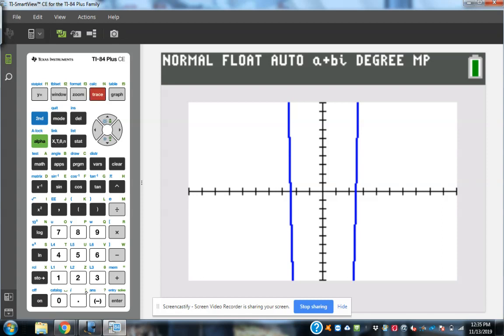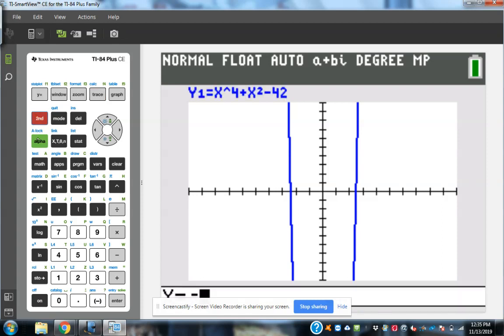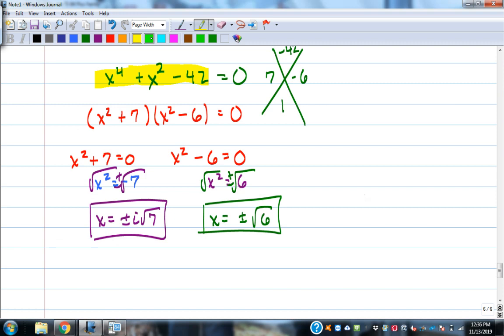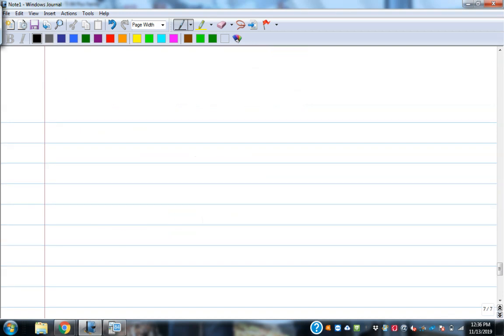If you hit trace and did negative square root of 6 as your x value, boom, y is 0. We see the connection between the graph and the factoring and the solutions. That's really my focus for this unit, is connecting all this stuff together. Because if you don't connect it, then it seems like such an abstract thing to do. But if it's all connected, it just makes more sense.